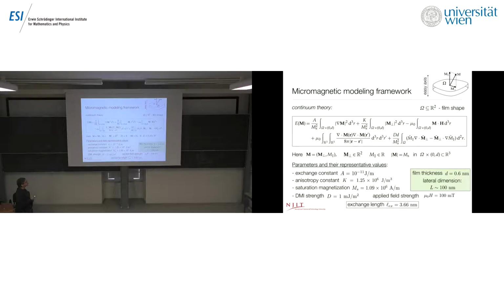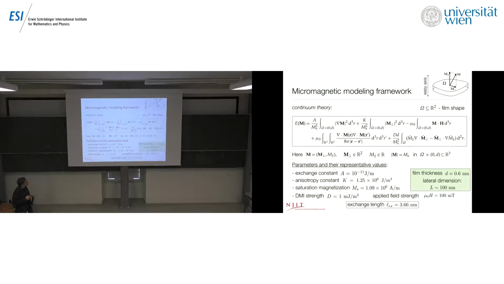And finally, the so-called interfacial Dzyaloshinskii-Moriya interaction, okay, which is written here, which is actually an integral over the lateral boundary, the interface between metal and ferromagnetic material. Okay, so it's a two-dimensional integral here, and it has this form.